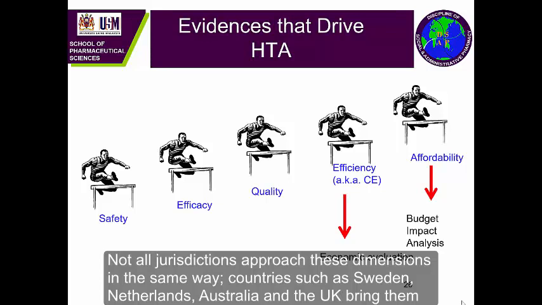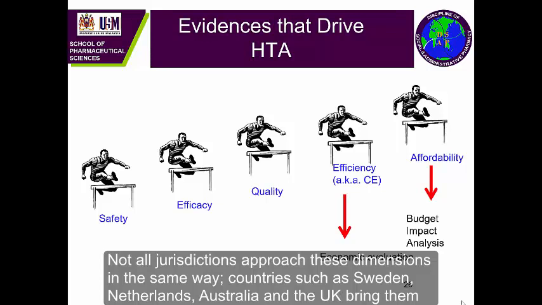And in addition, they are not only looking at the evidence of efficiency that allows them to make a choice that gives maximum benefit at the lowest cost, but they're also asking for evidence of affordability.